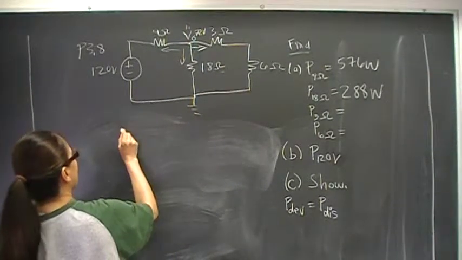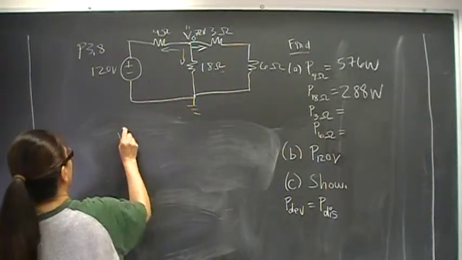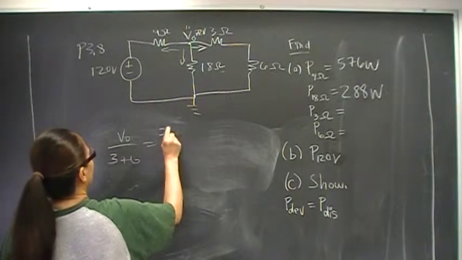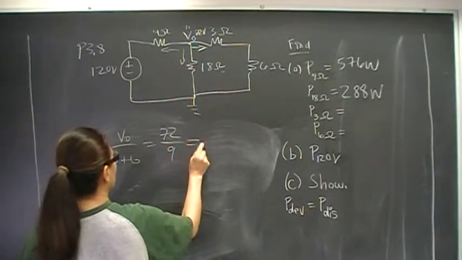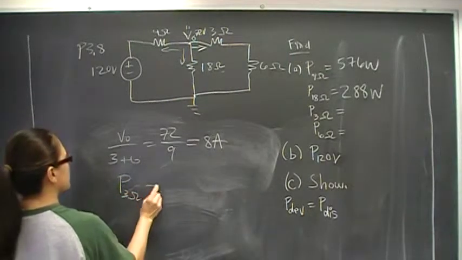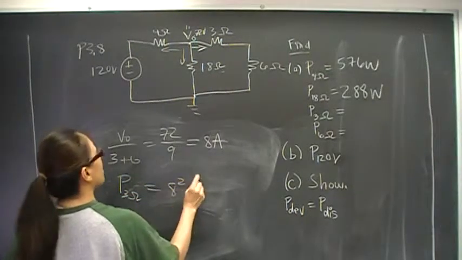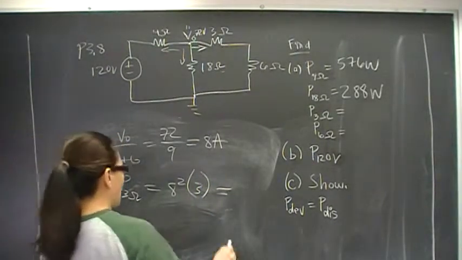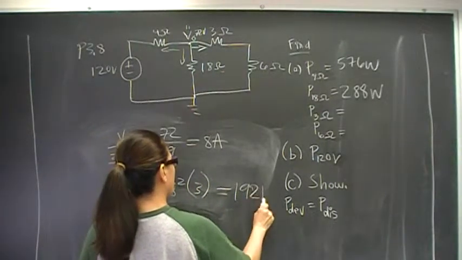So that branch current is V naught over 3 plus 6, which is 72 over 9, which is 8 amps. So the power of the 3 ohm resistor is 8 amps squared times 3, and that is 192 watts.